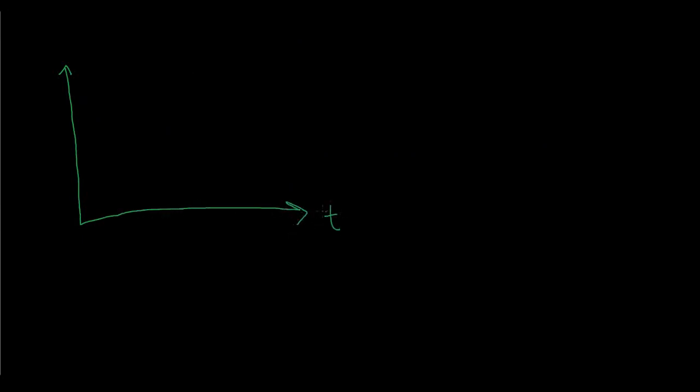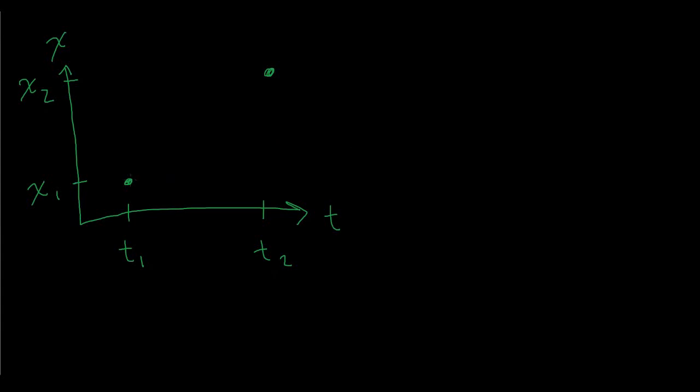So here we're going to graph x as a function of t, and we're going to specify start and end points to all of our paths. So remember, this is just in one dimension. So this is time here. All right. So we're going to say that our path starts at x1 at time t1, and it ends up at x2 at t2.